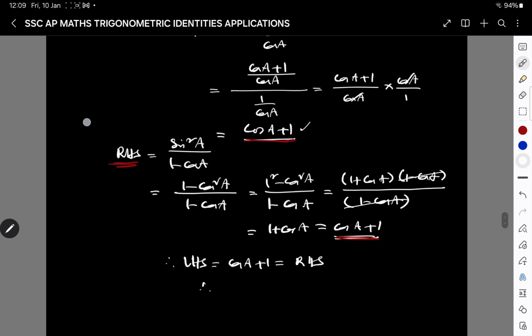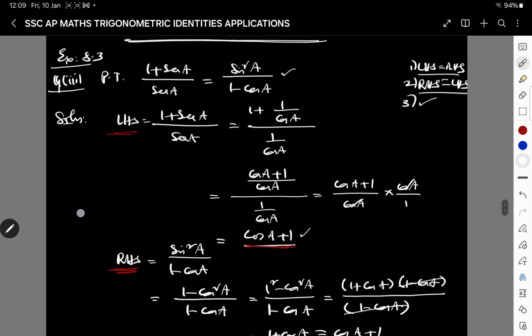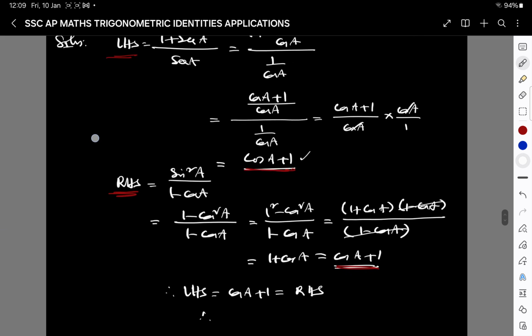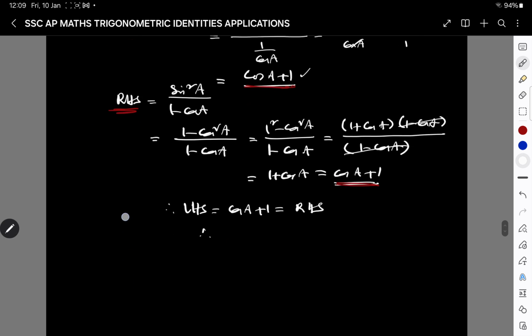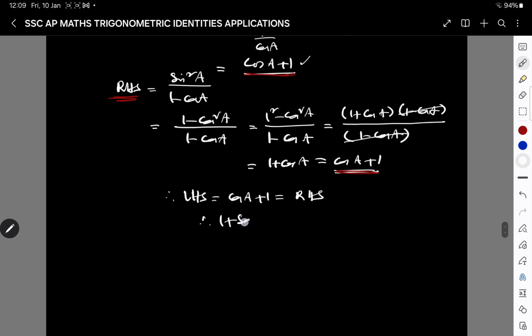And therefore finally we will write the answer: 1 plus secant A by secant A is equal to sin square A by 1 minus cos A. So you are able to prove this by proving LHS and RHS equal to the same expression separately.